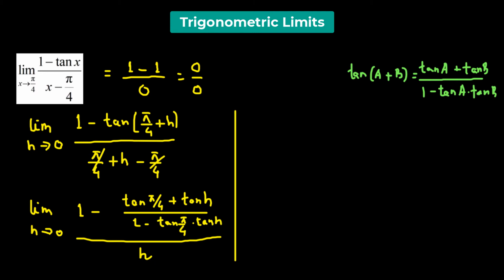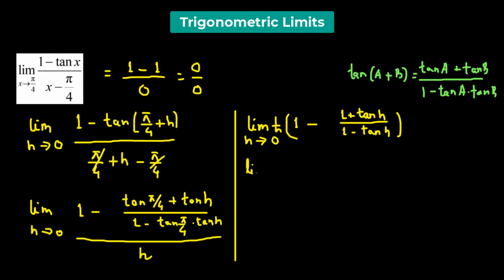Now we know the tangent of π/4 is 1, so we have limit h approaching 0, 1 minus (1 plus tan h) in the numerator, divided by (1 minus tan h), whole divided by h. So we have 1 over h.